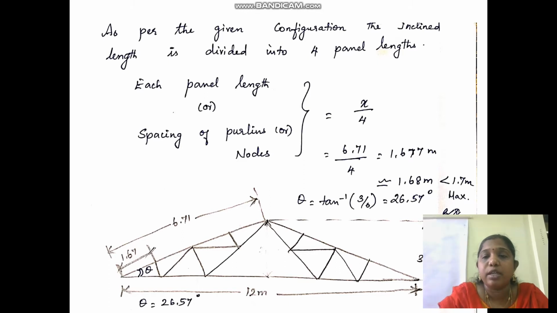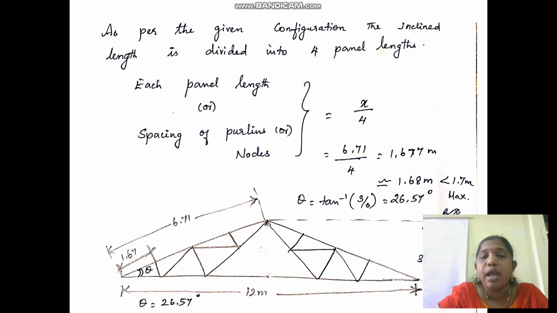If you deduct 0.3 meters, that is 0.15 on either side, so 0.15 into 2 is 0.3, then 2 minus 0.3 is going to be 1.7 meters. This is going to be the maximum center to center distance of the purlins. So you can place the purlins at 1.68 meters, which is not going to affect the fixing of the sheeting.